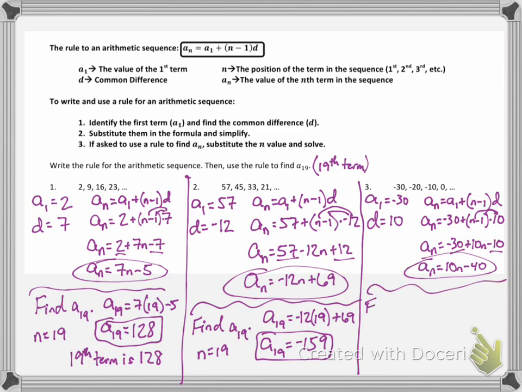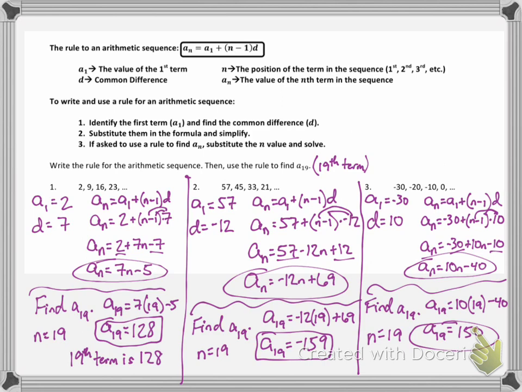Now we'll go ahead and find the 19th term. So again, n is 19. So a sub 19 equals 10 times 19 minus 40. 10 times 19 is 190 minus 40. Means the 19th term of the sequence is 150.